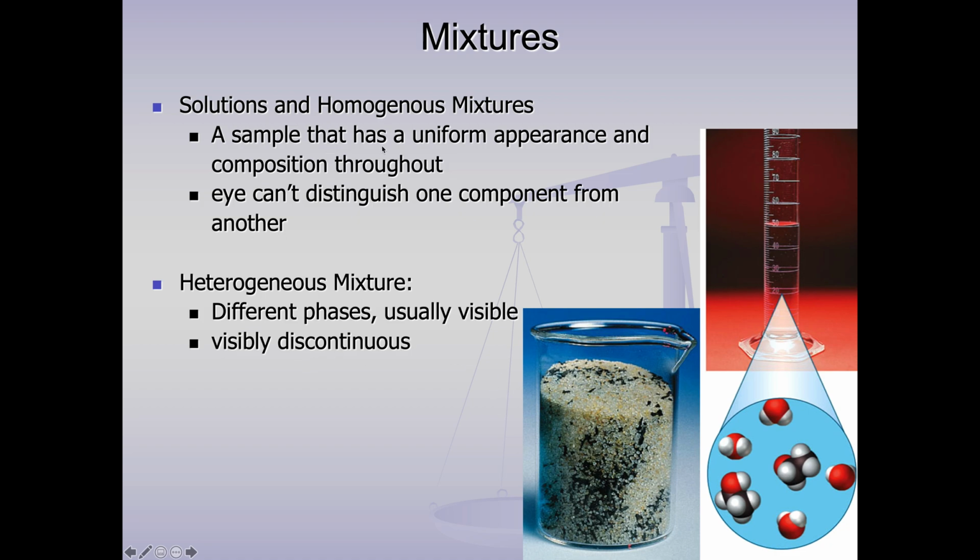A solution, or homogeneous mixture, is evenly mixed, so no matter where you take your sample, you'll have the same composition, the same sets of properties. For example, salt water is a mixture of salt and water, but if I take my sample from here, I'll have the same percent salt as if I take my sample from here or down here. That would be homogeneous.